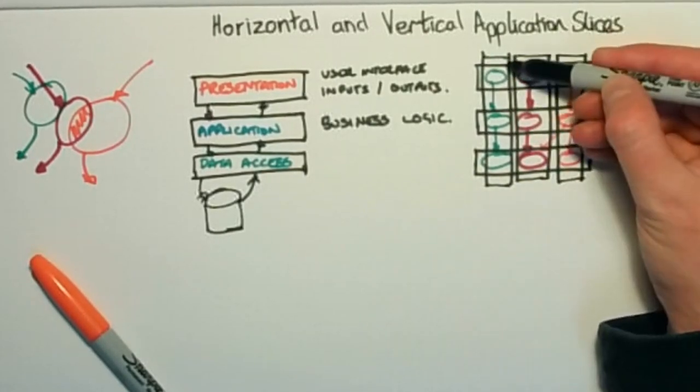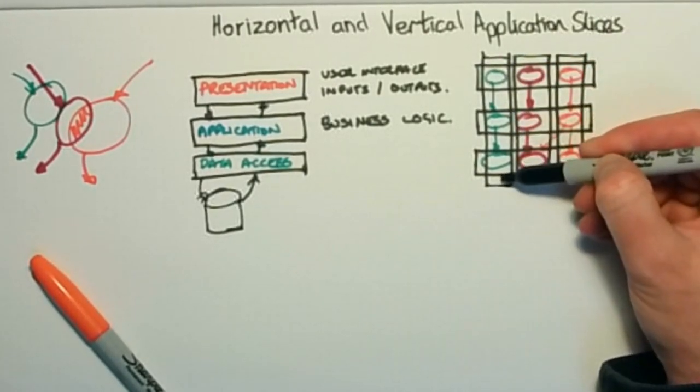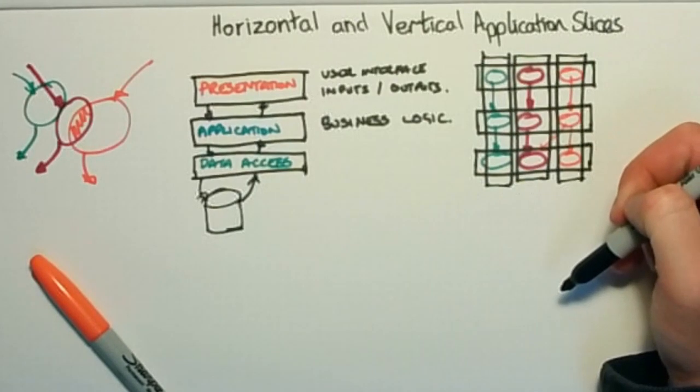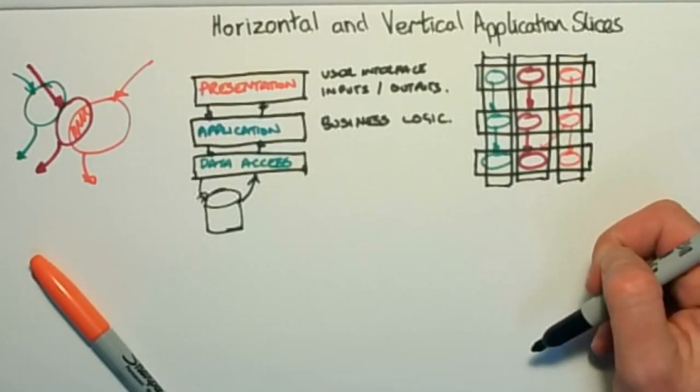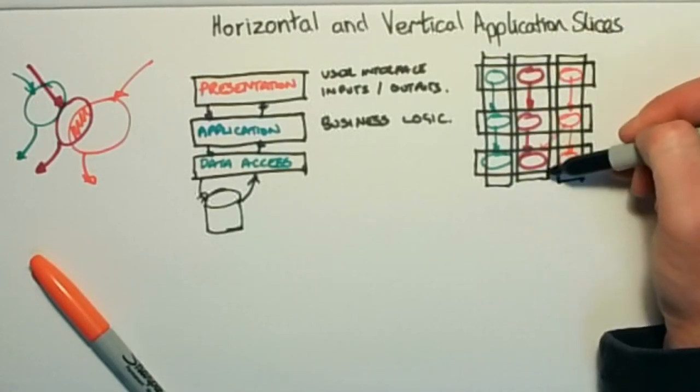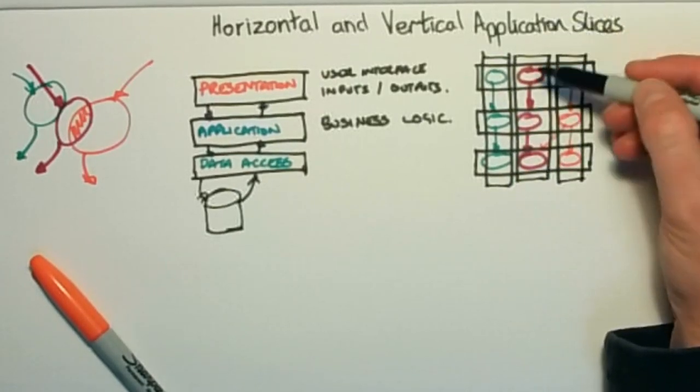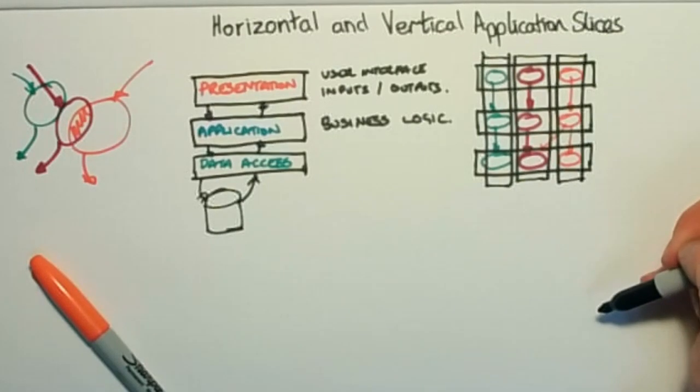What you want to do is create a slice that works all the way through, right from the top to the bottom. Once you've got that working, you can think about the next slice, and then onto the next slice.